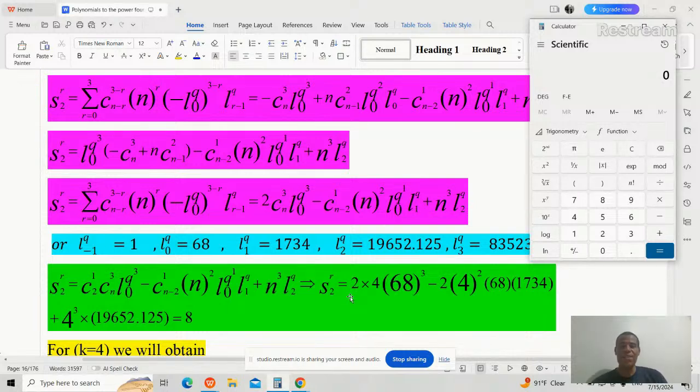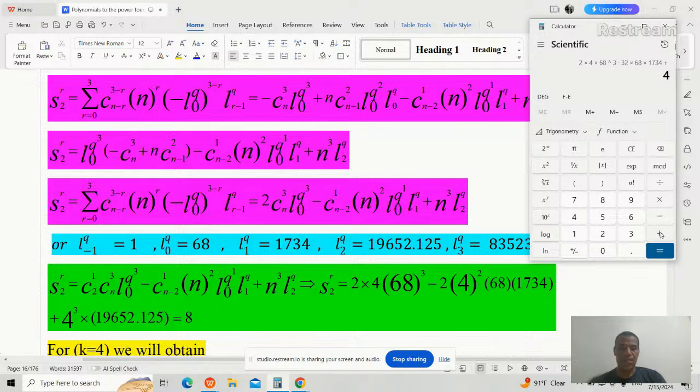Okay, let's see, 2 times 8. I will make 2 times 8, 2 times 4, times 68 cubed, times 68, of course, raised to the power 3, minus 2 times 4 squared, which means minus 32, yes, Mr. Mourad, times 68, times 1734, plus, learners, 4 cubed is 16 multiplied by 4 is 64.